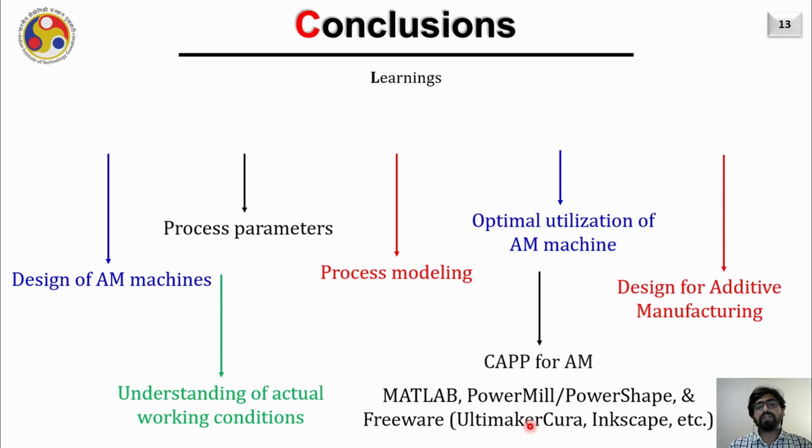We also explained the computer aided process planning for additive manufacturing, and with that I believe you now have some idea of utilizing open sources like Inkscape, Ultimaker, Cura, and also have some hands-on practice on MATLAB, PowerMill, PowerShape and other CAD/CAM packages. I believe that now you will be able to optimally utilize your additive manufacturing machines and understand the actual working conditions for different additive manufacturing systems.